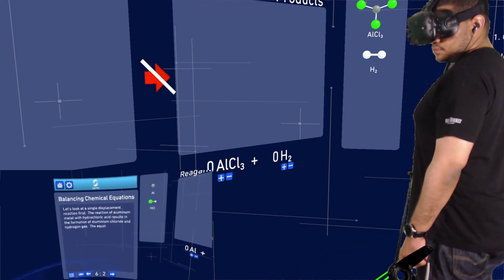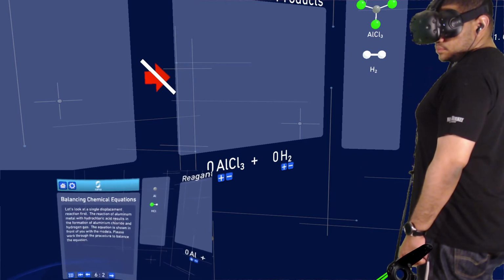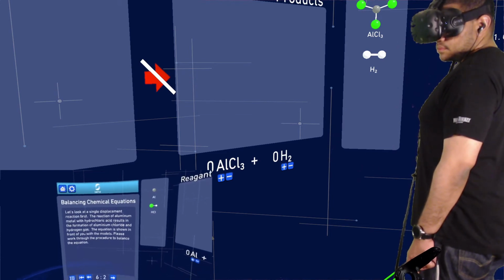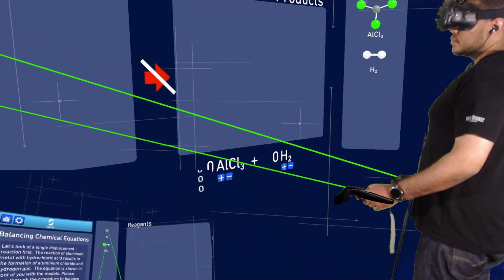The reaction of aluminum metal with hydrochloric acid results in the formation of aluminum chloride and hydrogen gas. The equation is shown in front of you with the models. Please work through the procedure to balance the equation.